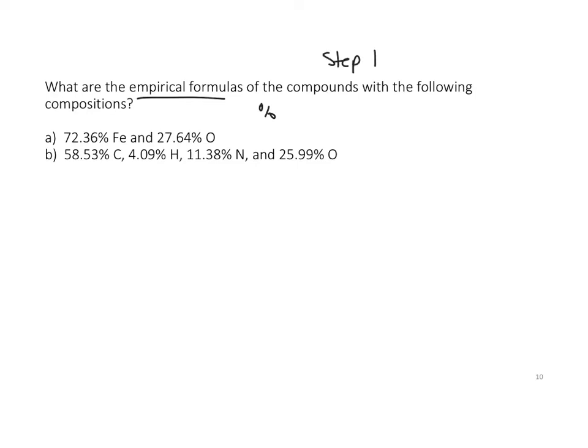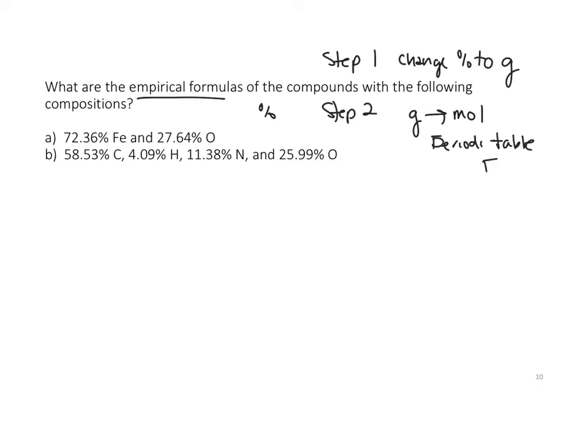Step 1, you want to change percent to grams. That's the easiest thing because you're just changing the unit. Step 2, you want to go from grams to mole. And you do that how we've done that with the periodic table and the formula mass.